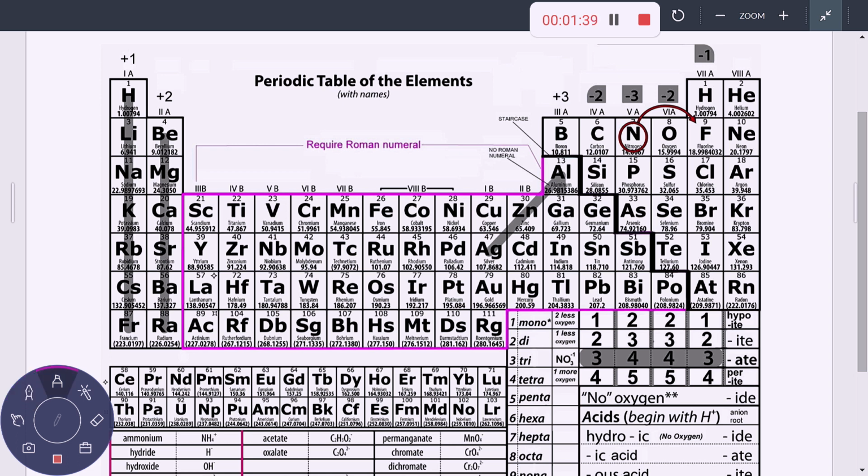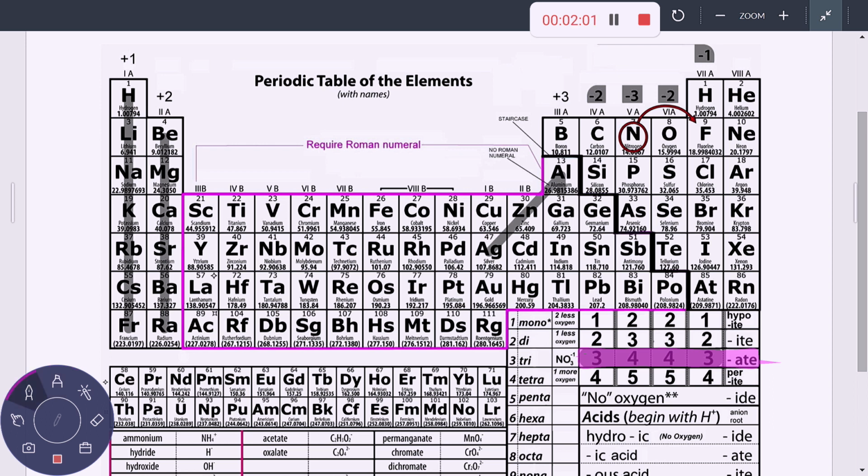When I have an oxygen attached to a nonmetal, most of them end in ate or ite. And what we're going to do is start with this row that's shaded. It's 3443, and it says 8.